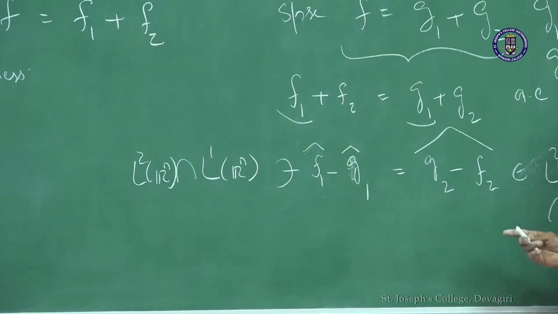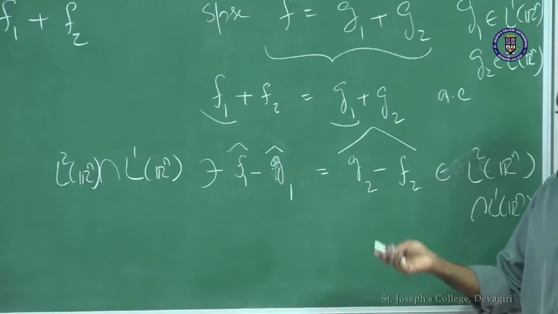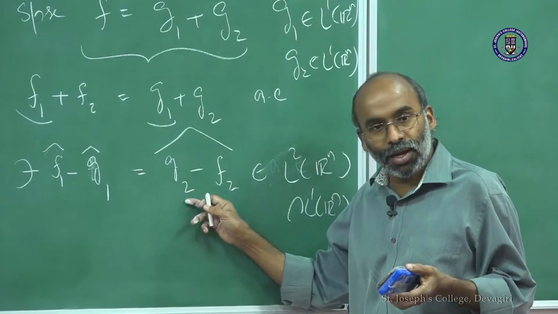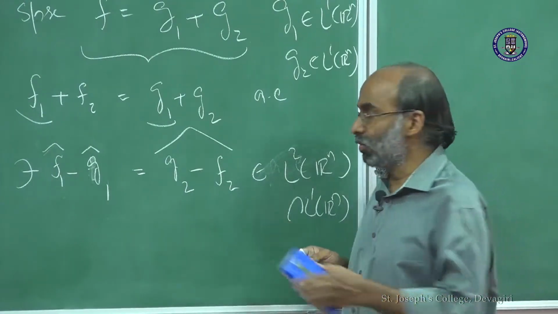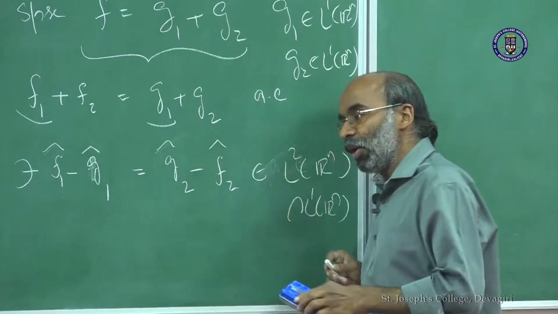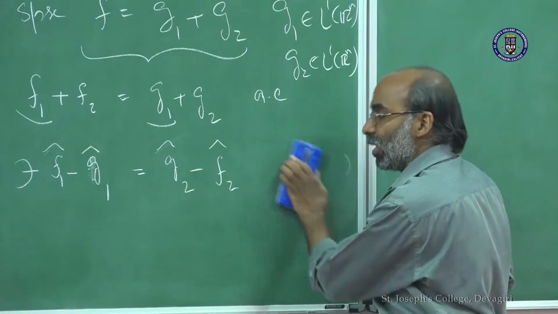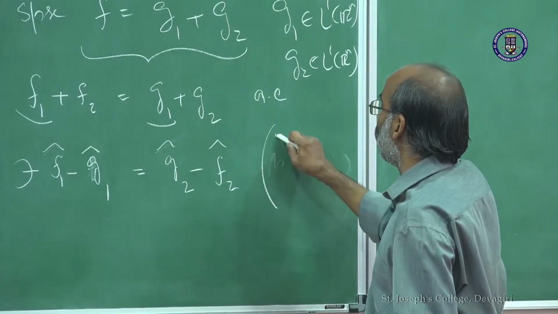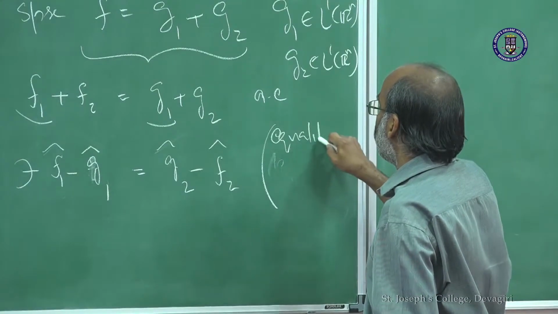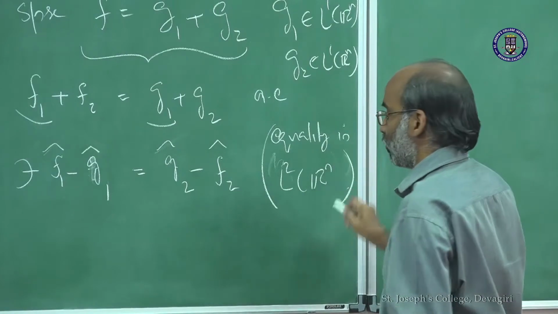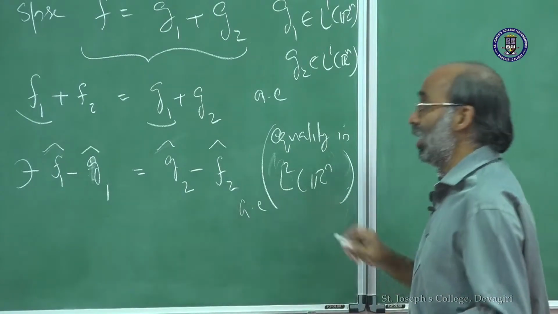Here both are in L2, it is a unitary operator applied to g2 minus f2, so that will be g2 hat minus f2 hat. We will still have equality at least as functions in L2, which is the same as saying it is almost everywhere. So, in particular, almost everywhere.